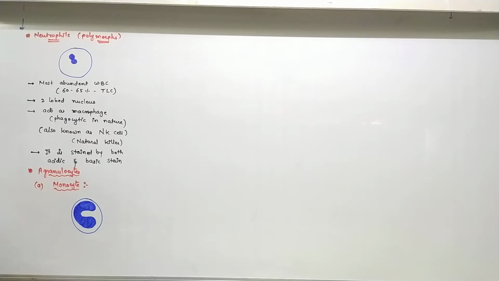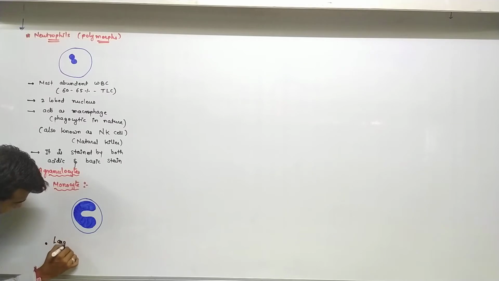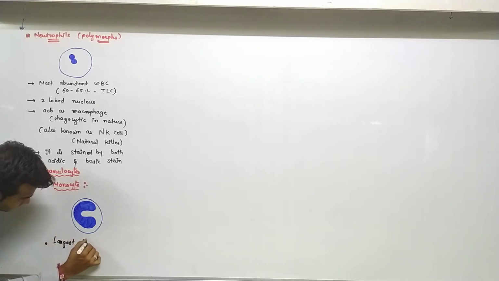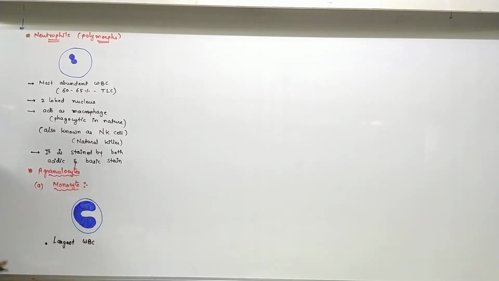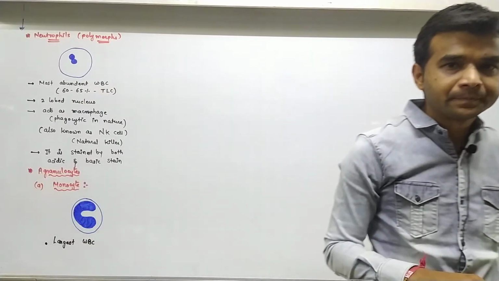Now let us discuss in detail about the monocyte. First, it is the largest WBC. Okay, monocyte is the largest WBC. So immediately the question is moving in your mind: what is the smallest one?